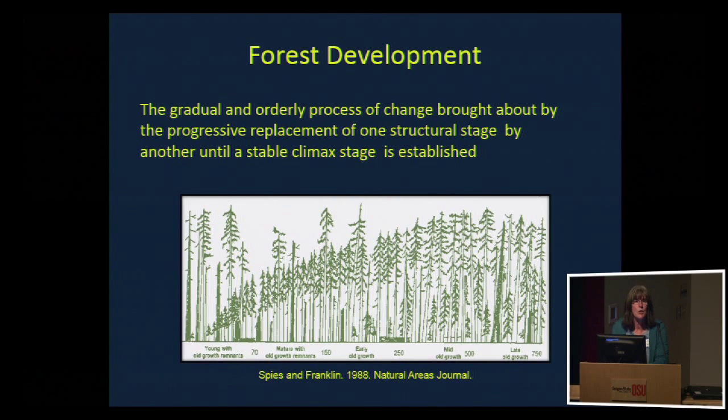So there's a classic notion of forest succession or forest development that basically says that there is a gradual and a very orderly process of change that forests go through, moving through progressive successional and or vegetation states, structural states, until they reach a climax stage and happily stay there.